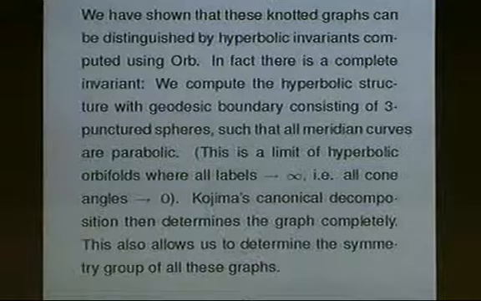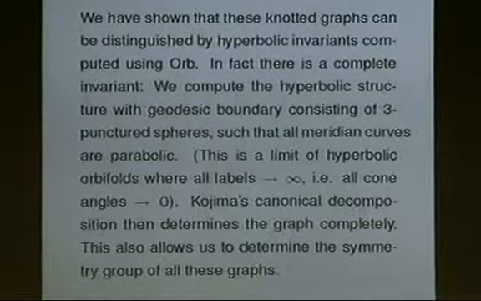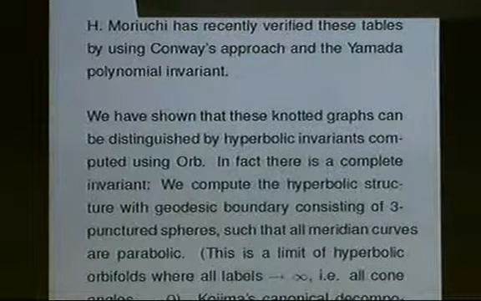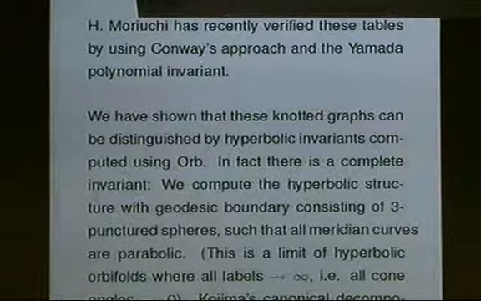We were trying to extend these tables by using invariants coming from hyperbolic geometry. Some other work here was done by Moriuchi, again using a Yamada polynomial invariant. But what we've done is show these graphs can all be distinguished by using hyperbolic invariants computed from Orb.